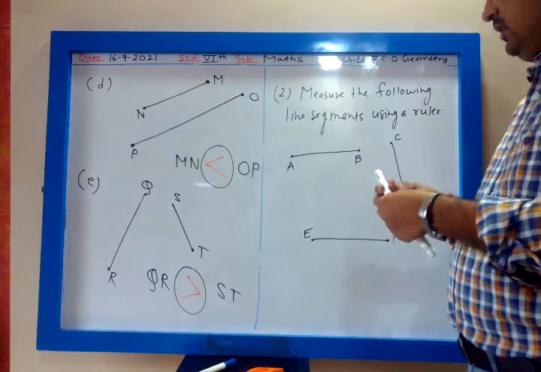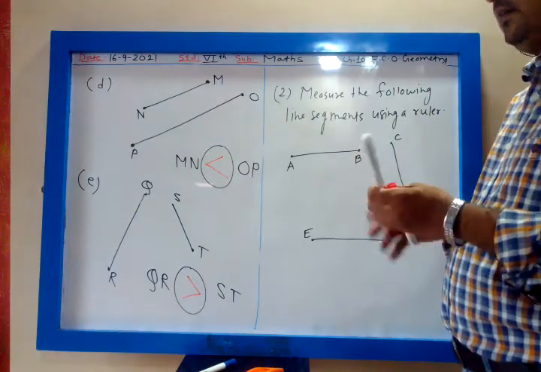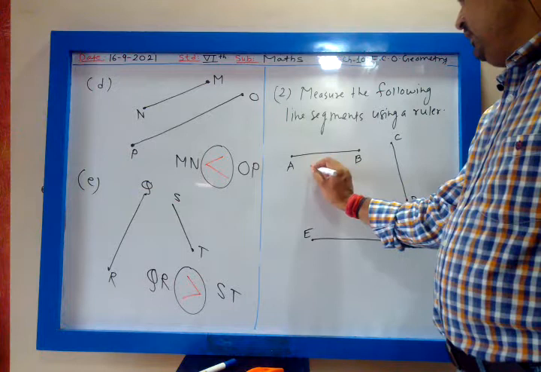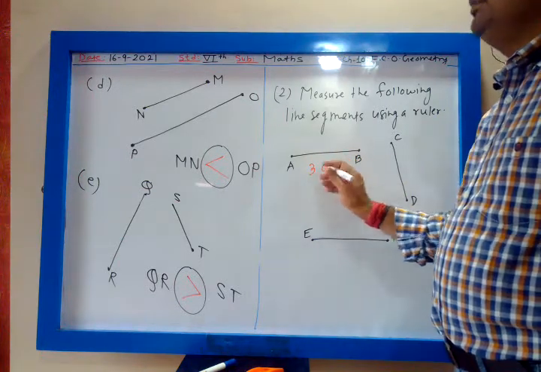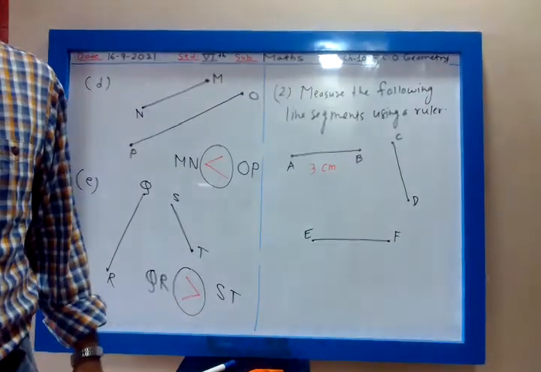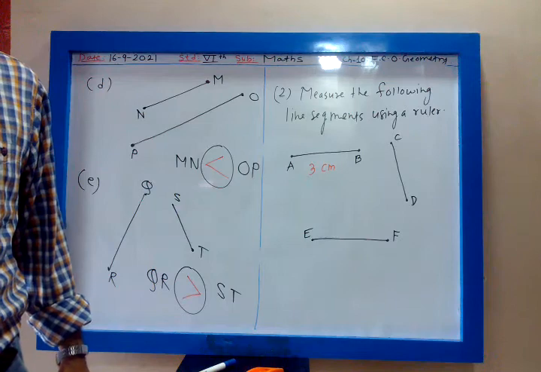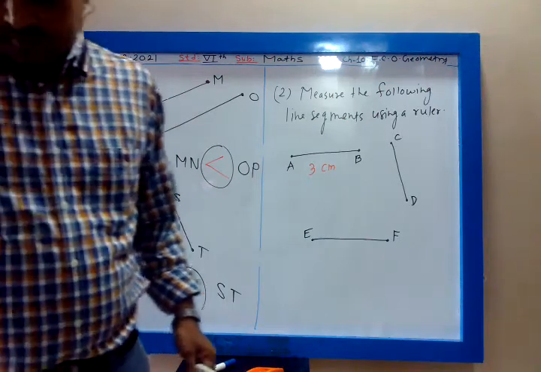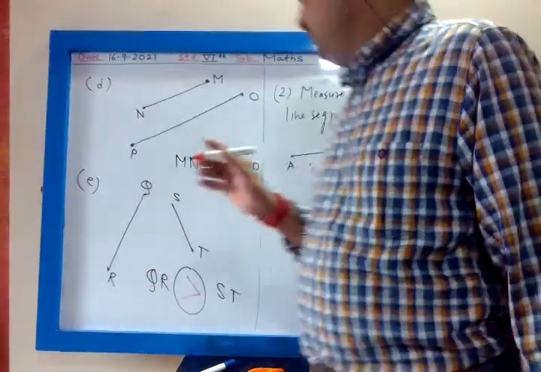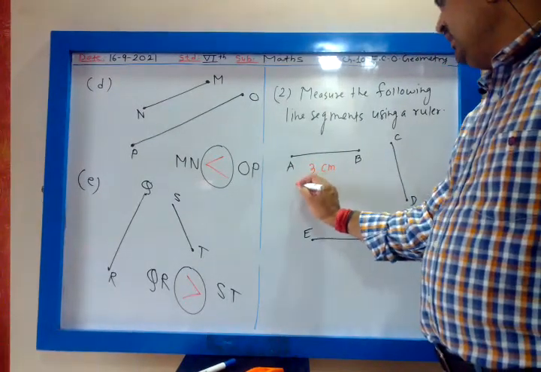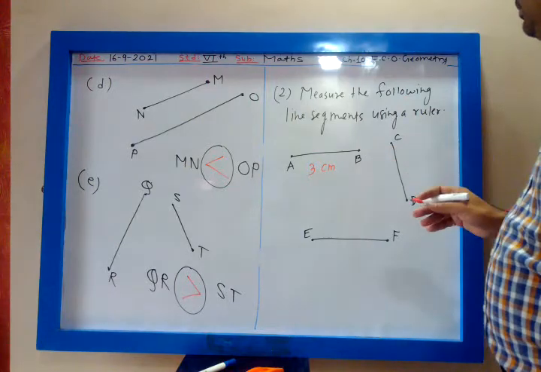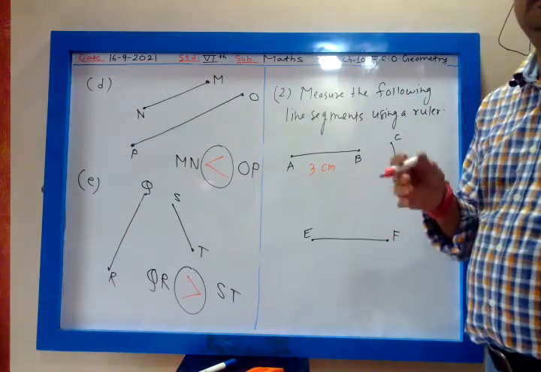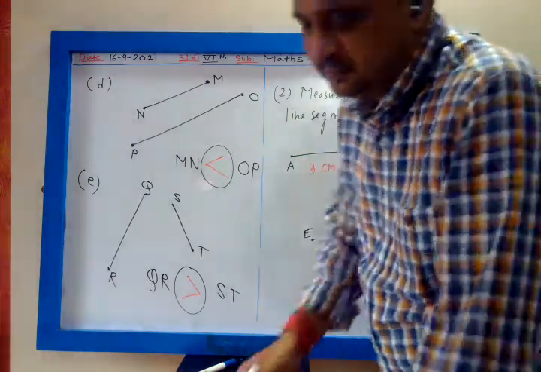Or if some of you are telling me 2.9 centimeter, that also I will accept. Does not matter. 0.1 percentage error is accepted. AB is 3 centimeter. Even if you write 2.9 centimeter, no problem.